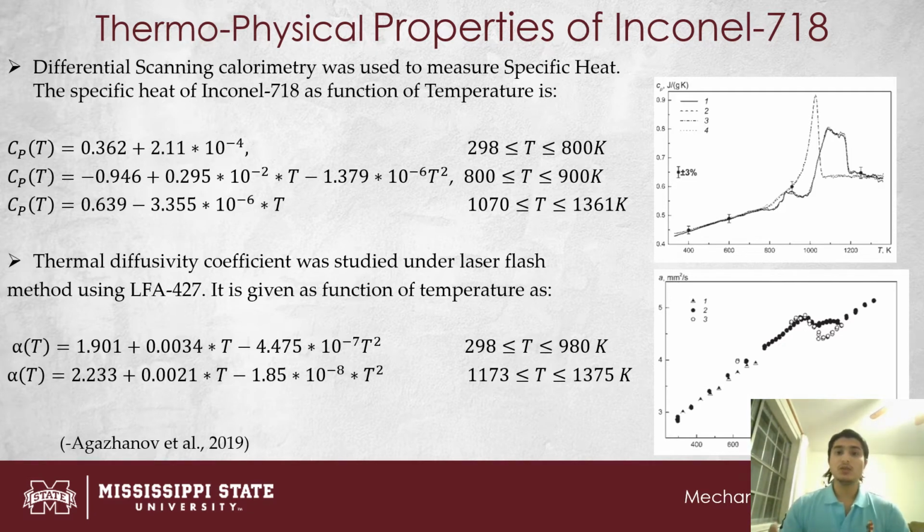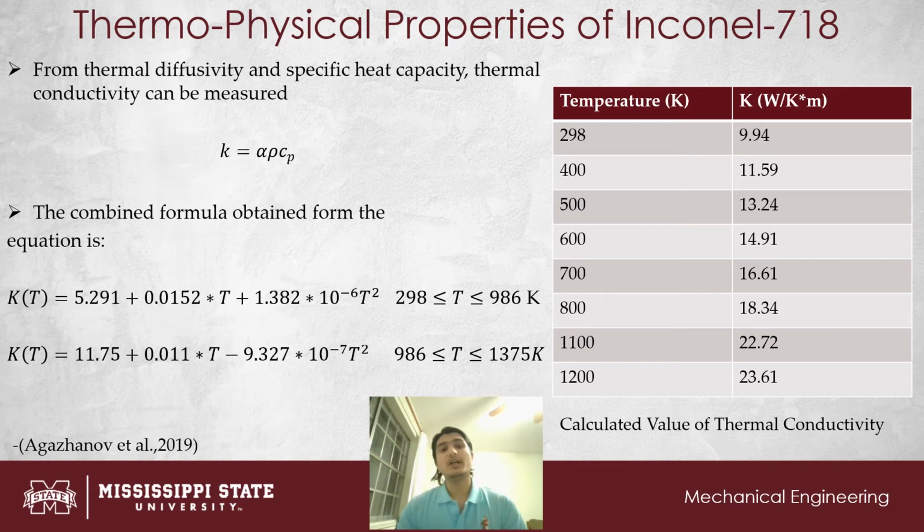Thermal diffusivity was studied using the laser flash method, and it was also found as a function of temperature, as shown in the graph. But why do we need this as a function of temperature? Because it will help us calculate the thermal conductivity, which is a very important parameter when measuring efficiency in the future.